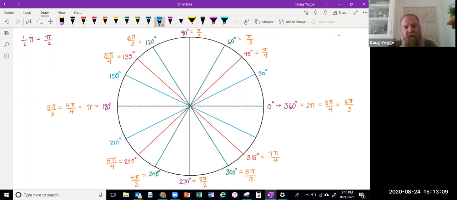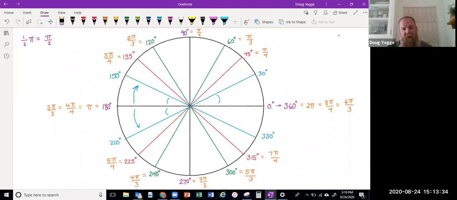But another way to do this a lot faster is just to realize that each of these angles are 30-degree reference angles. So 30 degrees above 180 or below 180 is 150. 30 degrees past 180 is 210. 30 degrees before 360 must be 330 degrees.